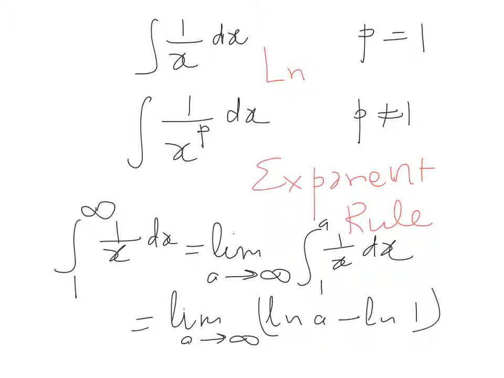This limit over here doesn't exist, and this part is equal to 0, therefore we find that this limit does not exist. So the case p equal to 1 is settled.